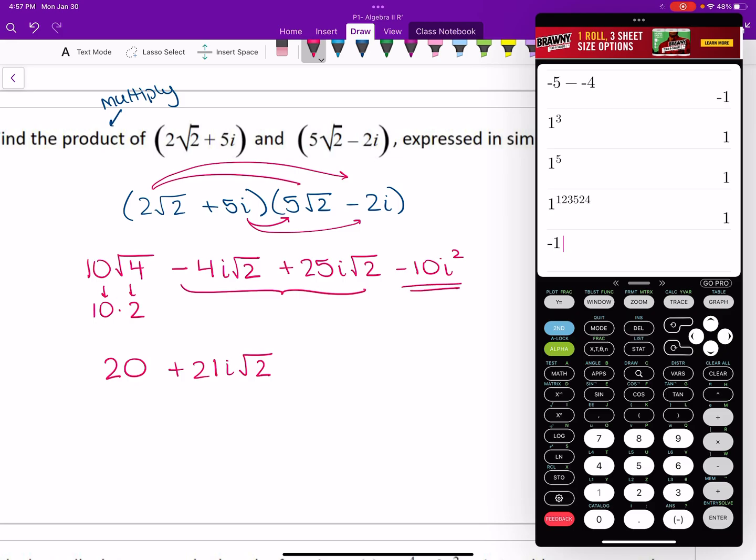And negative 10i squared on my calculator is positive 10. I can then combine like terms, and I get 30 plus 21i radical 2 as my final answer.